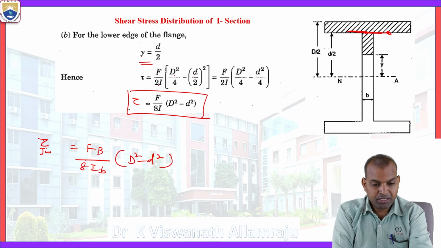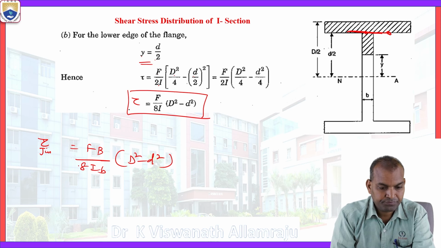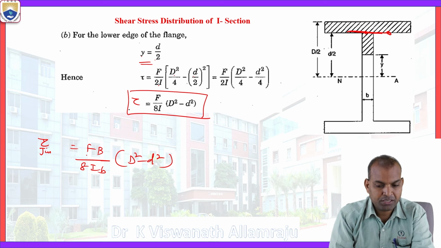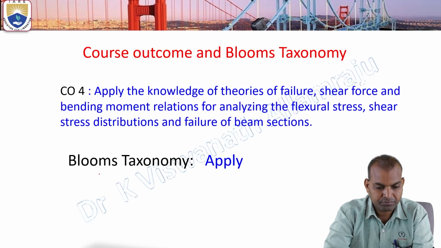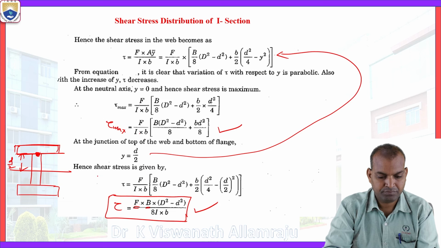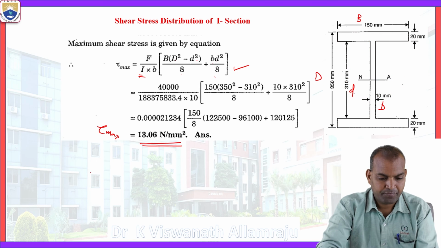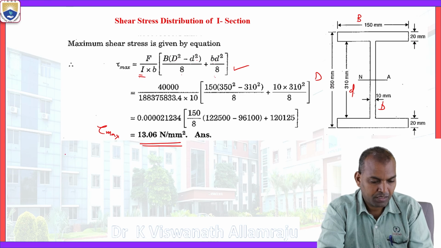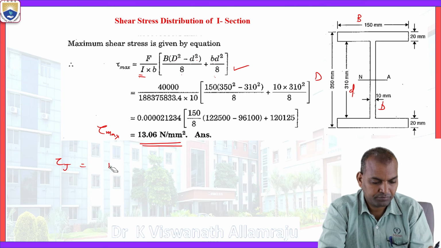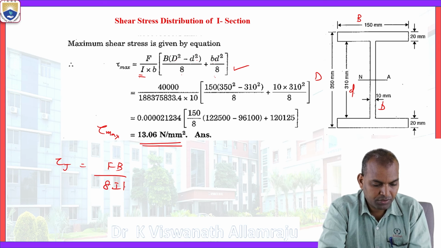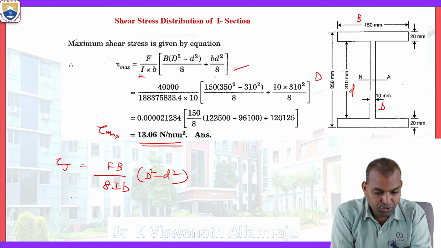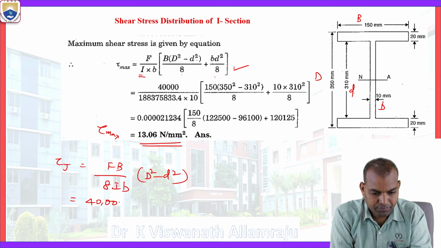So what is the F value here? F value, FB by 8 IB times capital D square minus small d square. The F value here is 40,000 newtons.